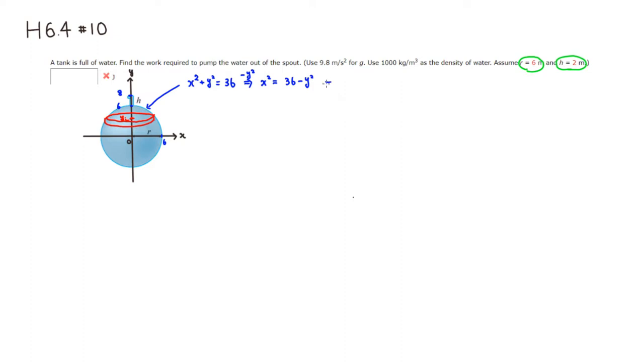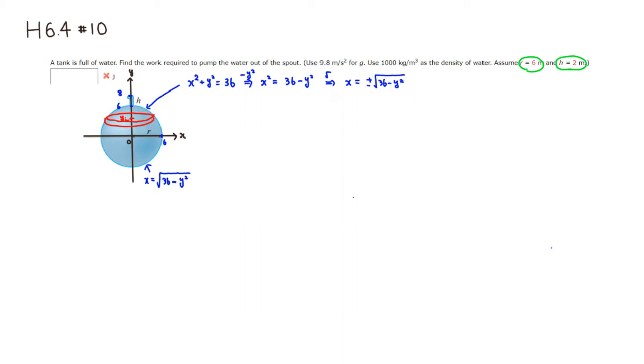Then I'm going to take the square root of both sides, so you have x is equal to plus or minus the square root of 36 minus y squared. The right semicircle is going to have the equation x equals the square root of 36 minus y squared.